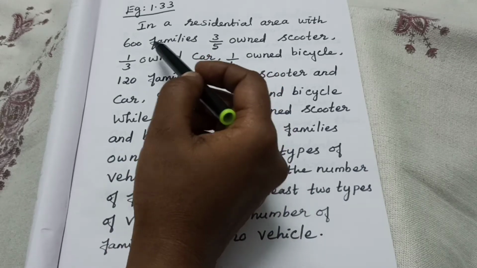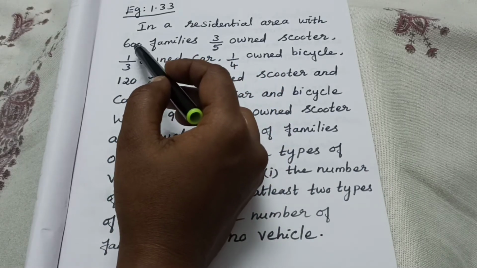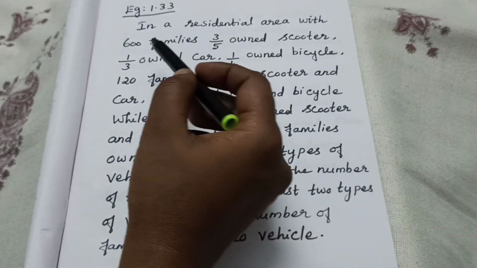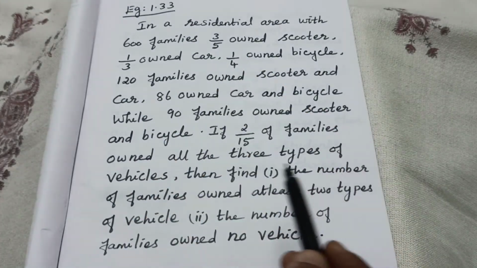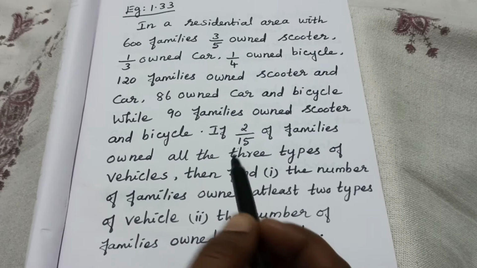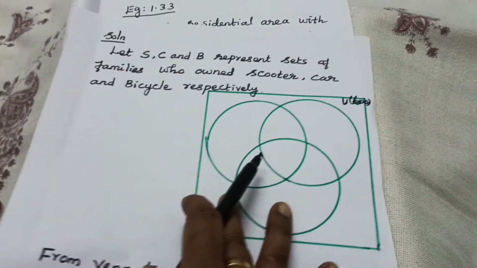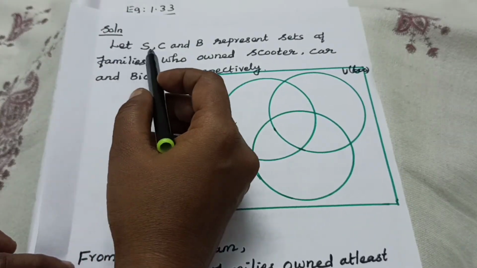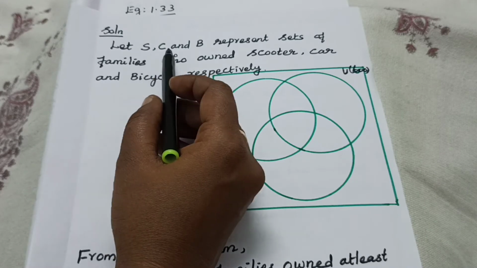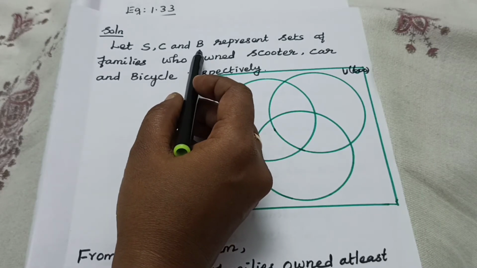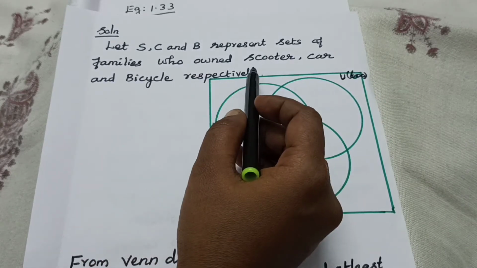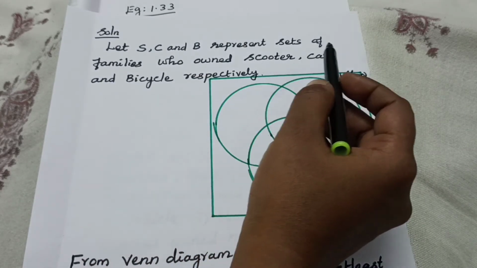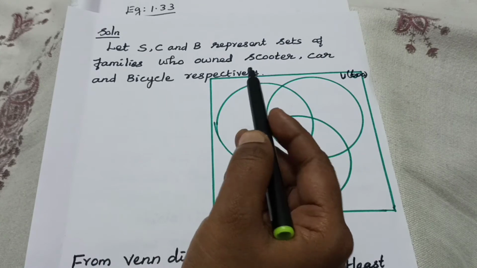Okay, here what is given? 600 families. So the total number of families is 600. So we have to draw the rectangle box, the universal set. So first, solution: let S mean scooter, C car, B bicycle, represent the sets of all families who own scooter, car and bicycle respectively.